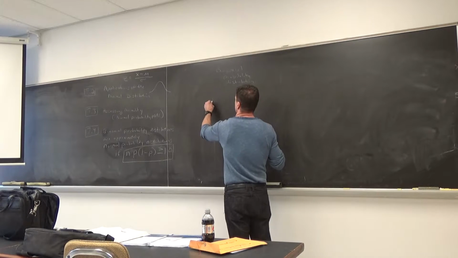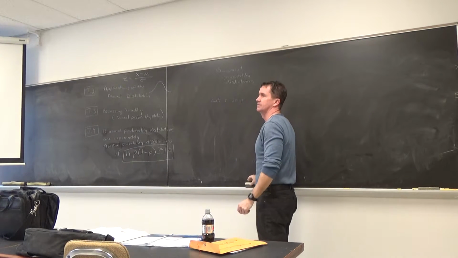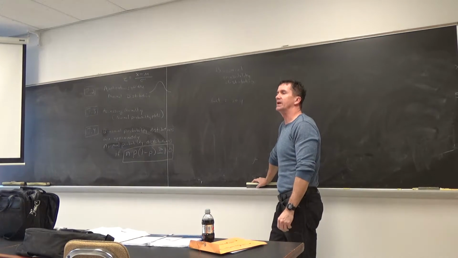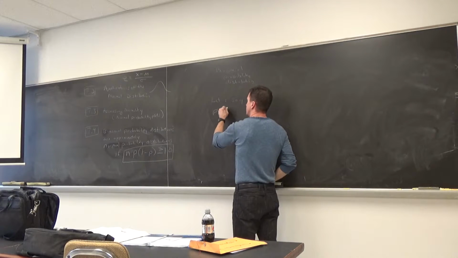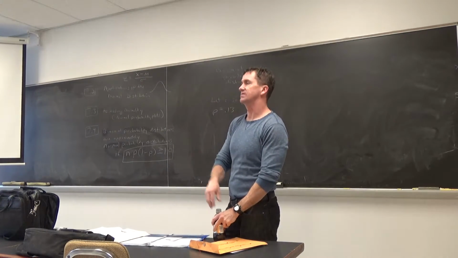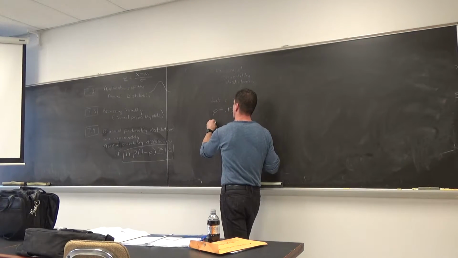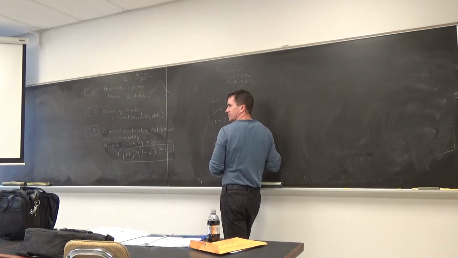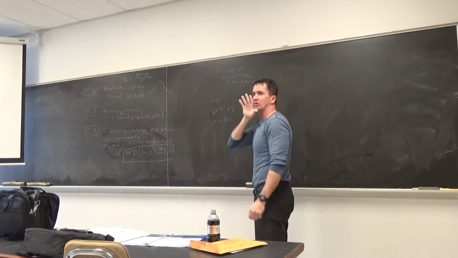Let's say I'm thinking of righties and lefties. The probability that someone's a lefty is about 13%. So that's given to you. Let's just say I look at 30 students. Those are called trials.